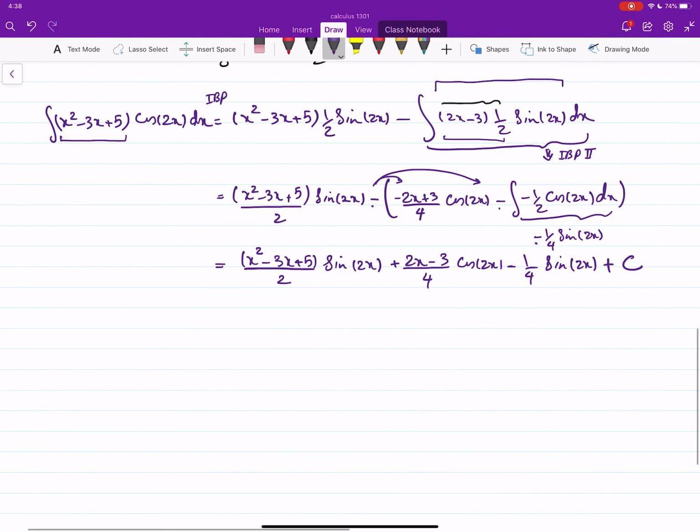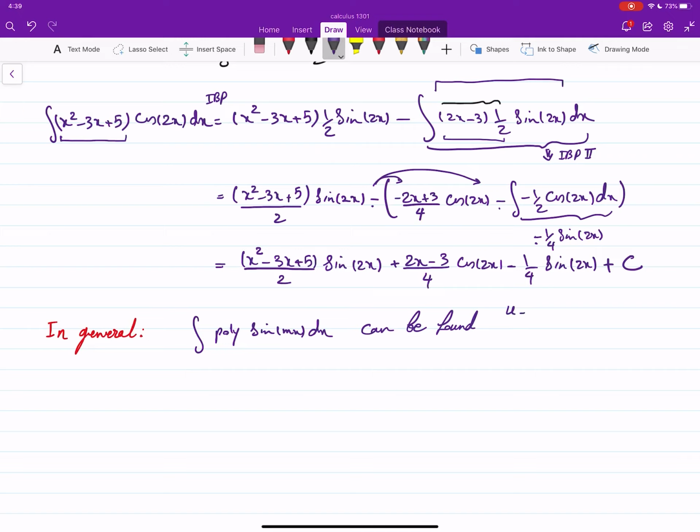So in general, the class that we were working with is integrals of the form integral of a polynomial times sine of mx dx. Those can be integrated by setting u to be the polynomial and dv to be sine of mx, and repeating this idea until we get a polynomial which is just constant.